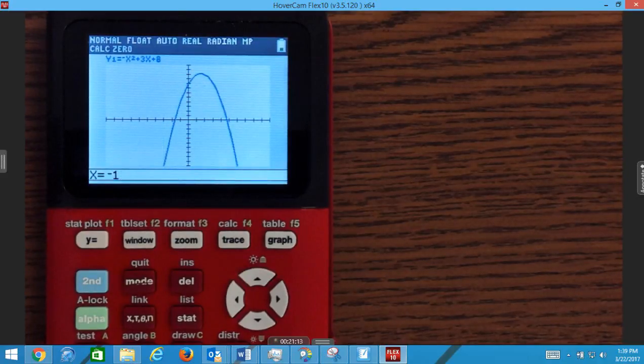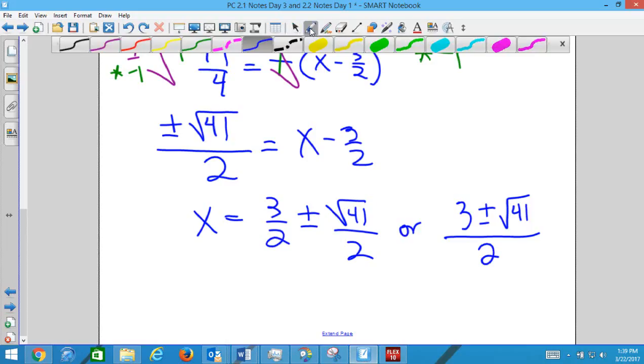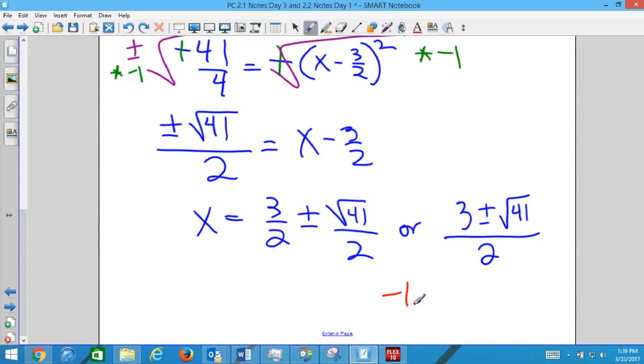Yeah, and you don't even have to be that accurate. I just put -1. It's definitely not -1. And then it tells me the answer, -1.701562. So I'm going to copy that into my notes. It was -1 point, I don't remember, 70.